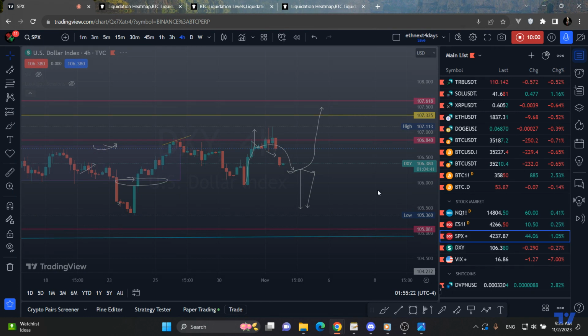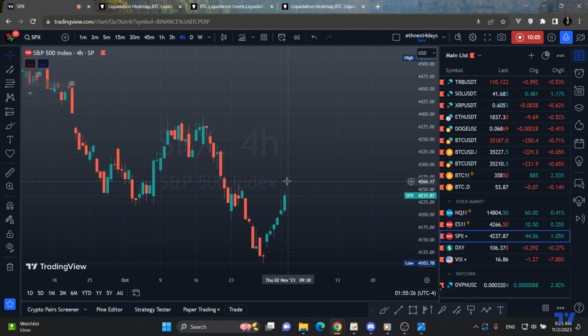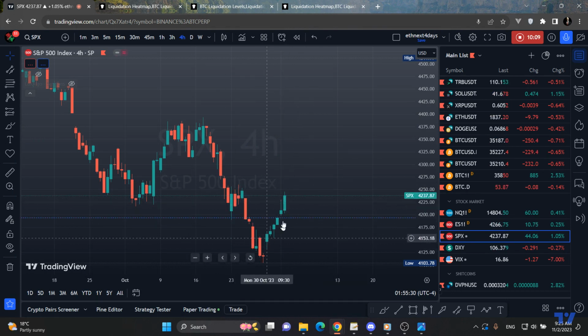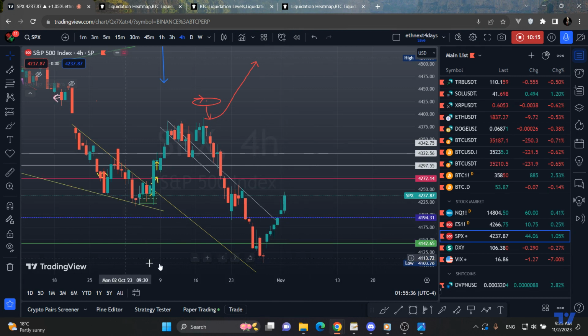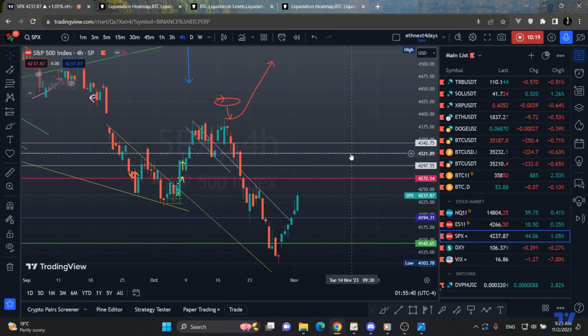Today, we might see some major move happening, and after that, right here, we could see this one, this SPX, moved up a little bit yesterday, but we'll have to see if this holds or not. That's very important.